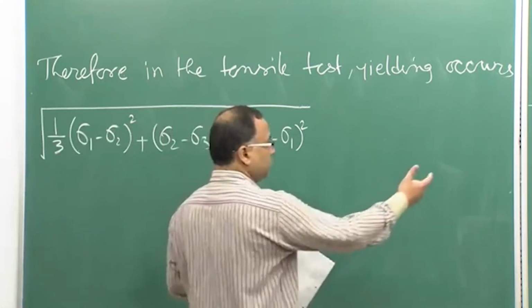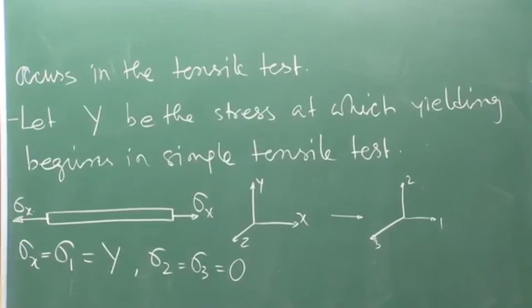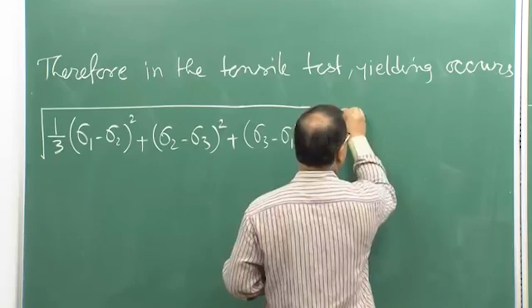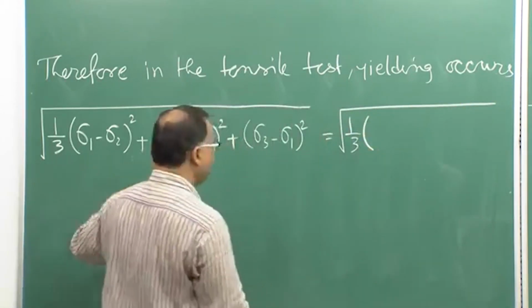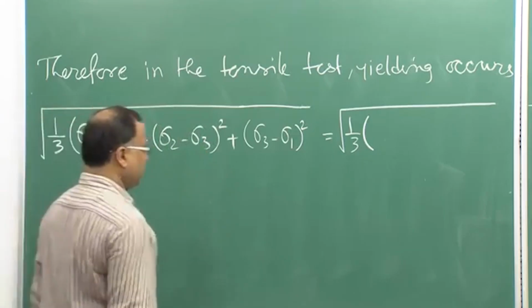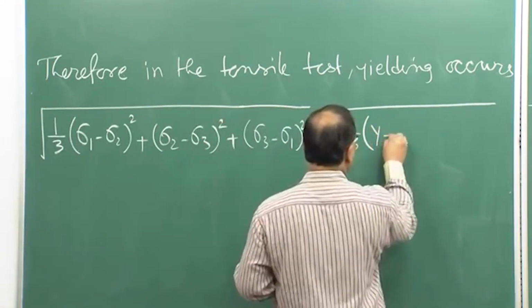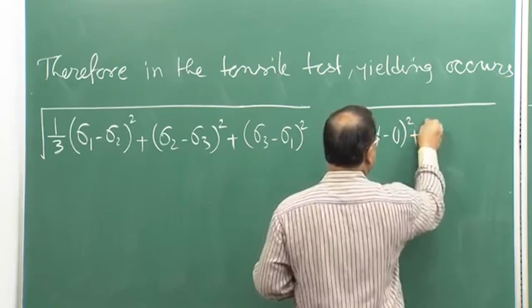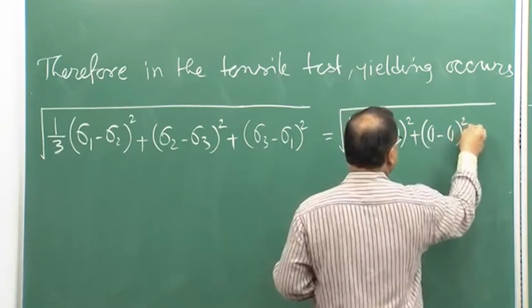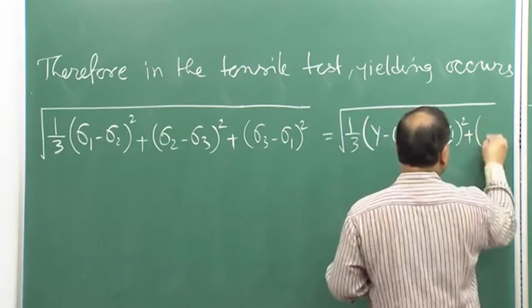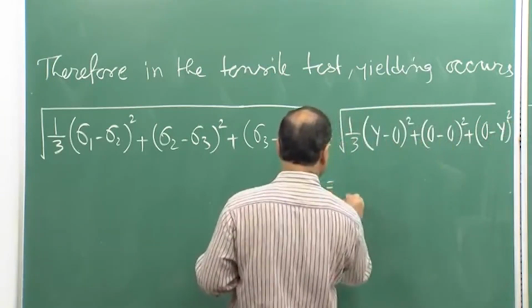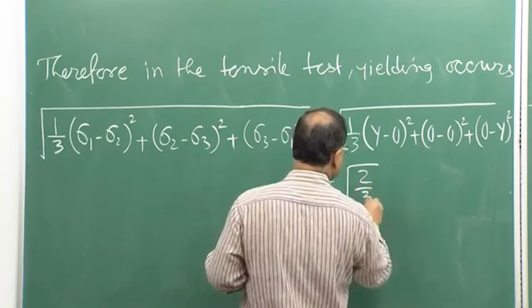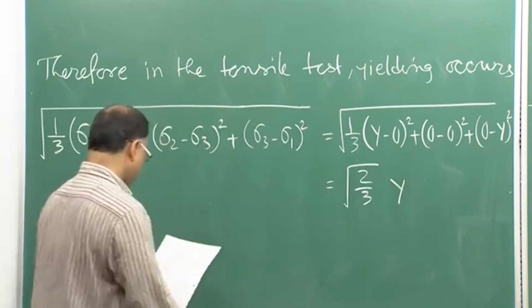For your uniaxial or the simple tensile test, that will be becoming as 1/3 sigma 1. What is the value of sigma 1? Simply y. So y minus 0 whole square plus 0 minus 0 whole square plus 0 minus y whole square. So from there we can get root over 2 by 3 y, okay.